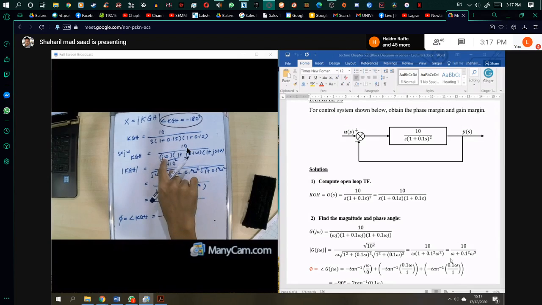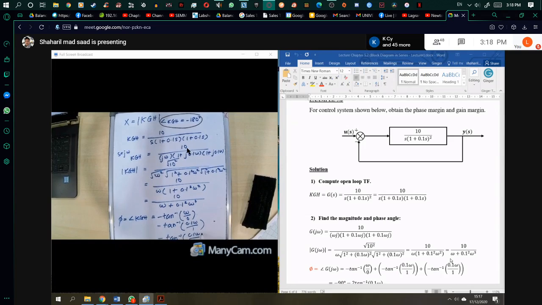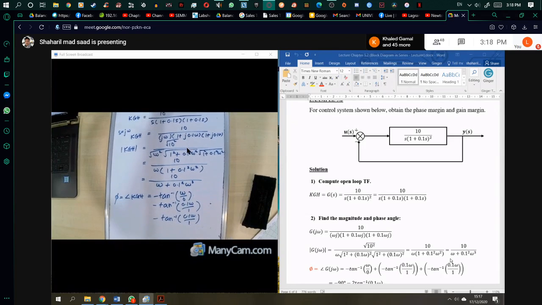Omega over 0, and minus tangent inverse again of 0.1 omega divided by 1, and minus tangent inverse again of 0.1 divided by 1.